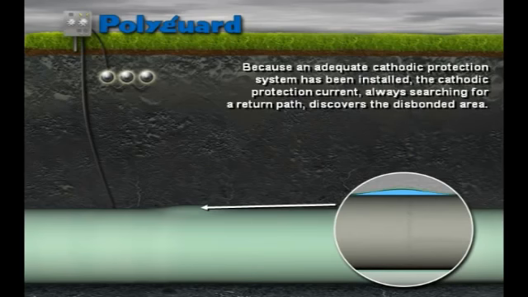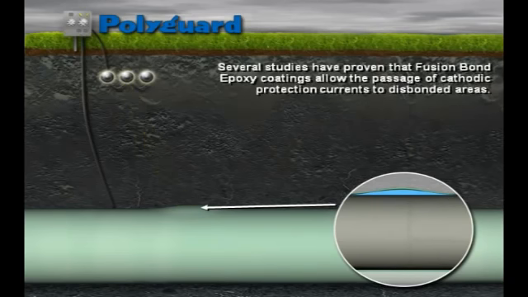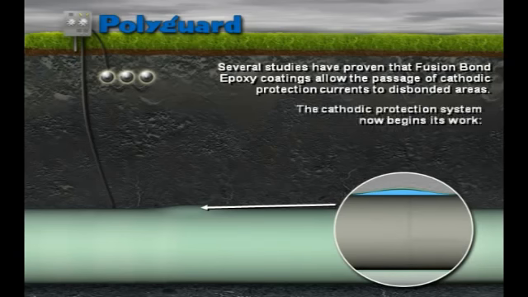Because an adequate cathodic protection system has been installed, the cathodic protection current, always searching for a return path, discovers the disbonded area. Several studies have proven that fusion bond epoxy coatings allow the passage of cathodic protection currents to disbonded areas. The cathodic protection system now begins its work.